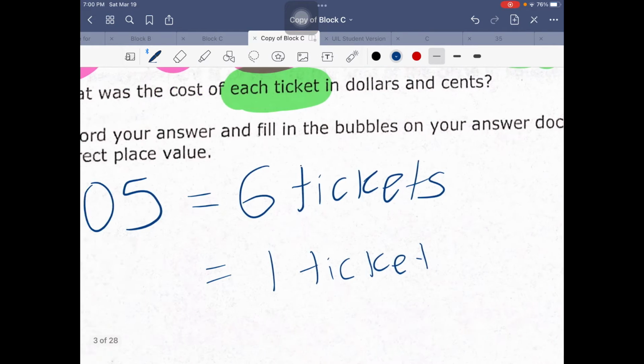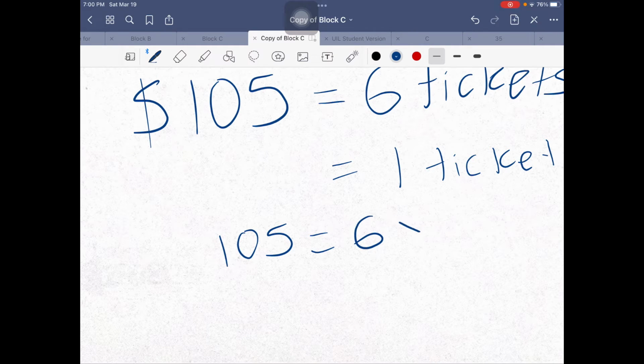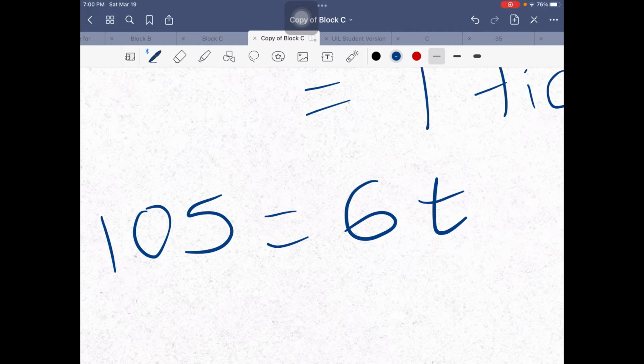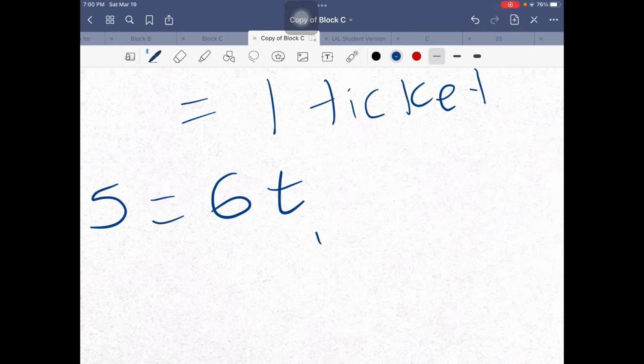Well, I'm pretty sure some of you already know what to do, and you're already doing it, right? In your head. And I can write 6x or 6t, and the variable being the unknown value, what we don't know, or more specifically, what each ticket costs.